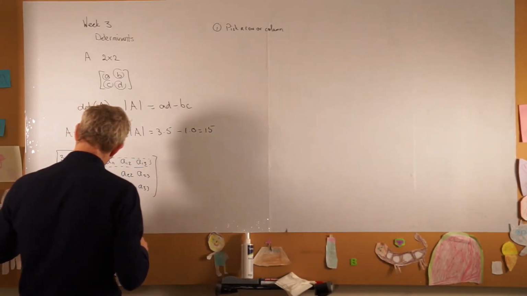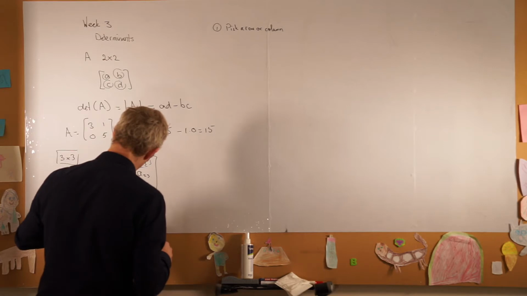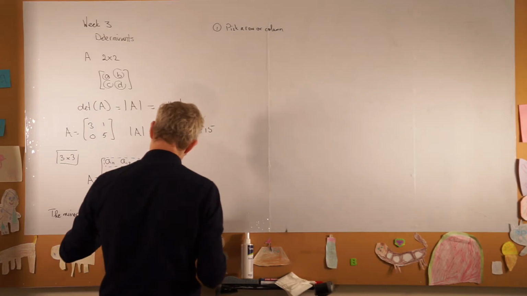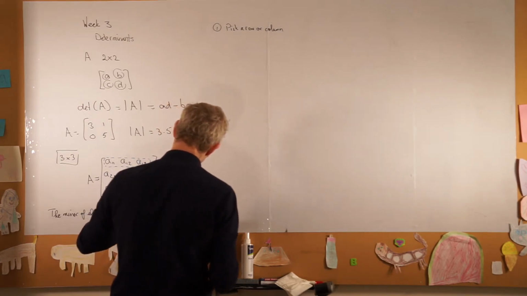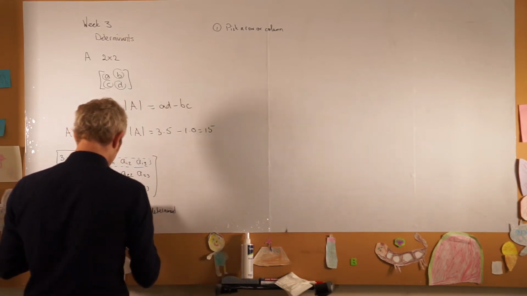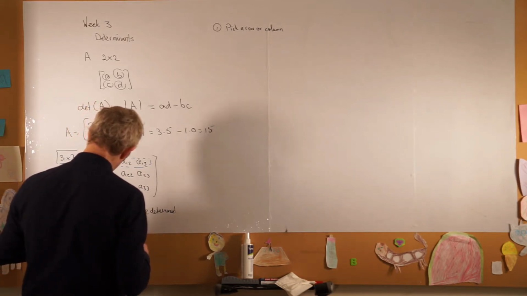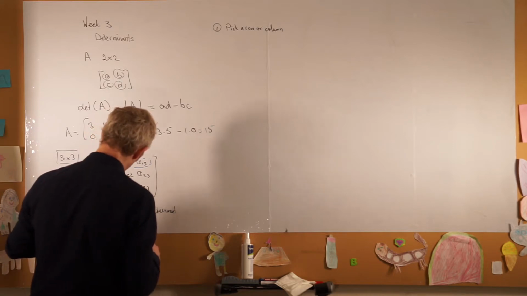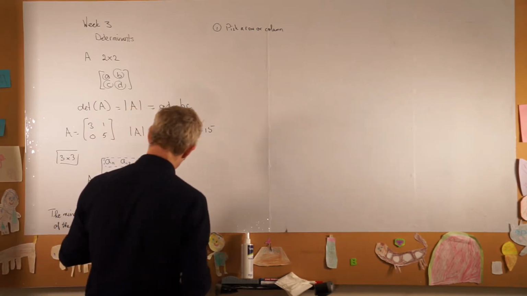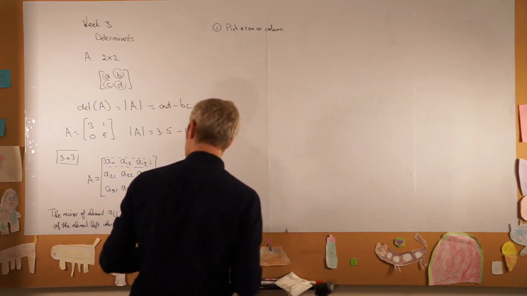The minor of element Aij, so any element in the matrix, is the 2 by 2 determinant of the elements that are left when we remove row i and column j.